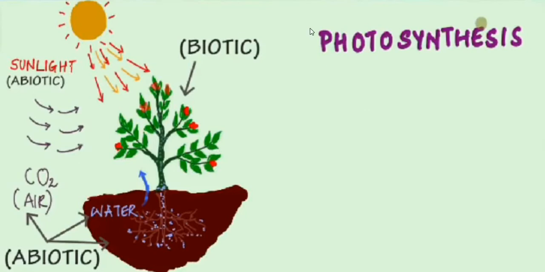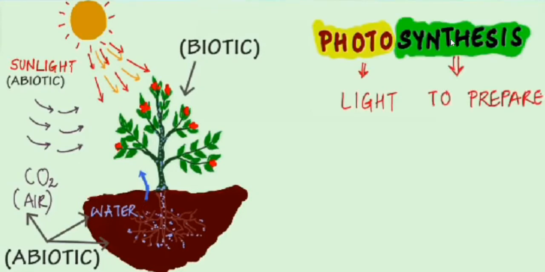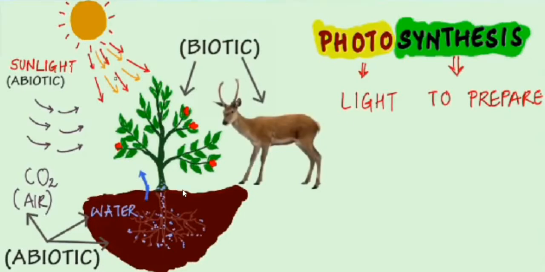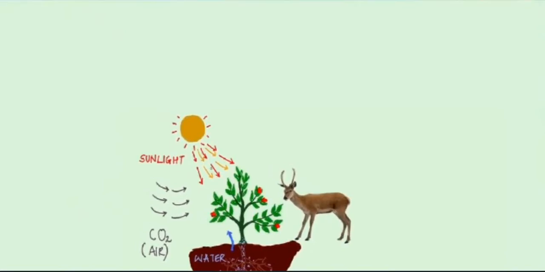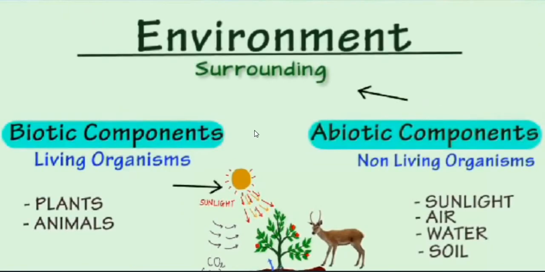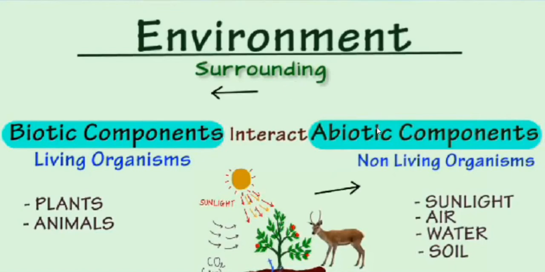Together with these components, the plant performs photosynthesis, means making food in the presence of light. Then some herbivore animal comes and eats that plant, which itself is a biotic component, right? So you may see in this example that these components, biotic and abiotic components, interact with each other. They have a relationship between them, right? This relationship we are going to study in detail.